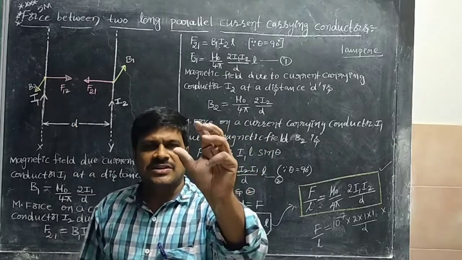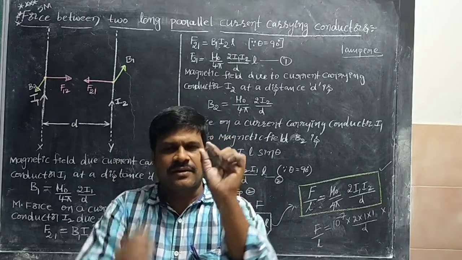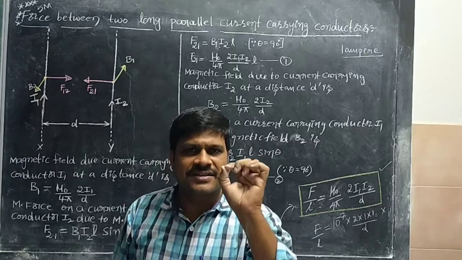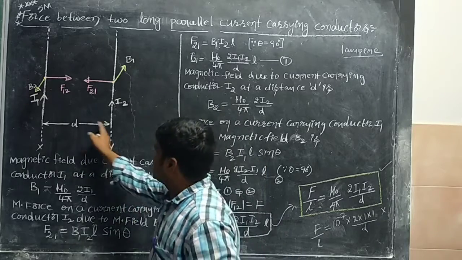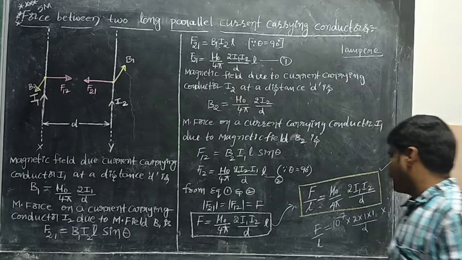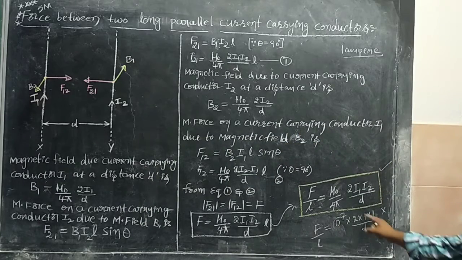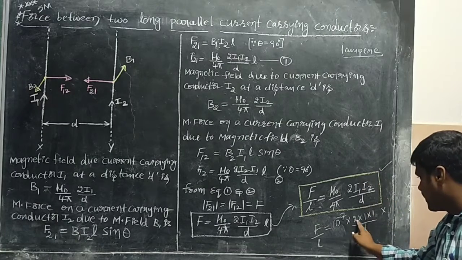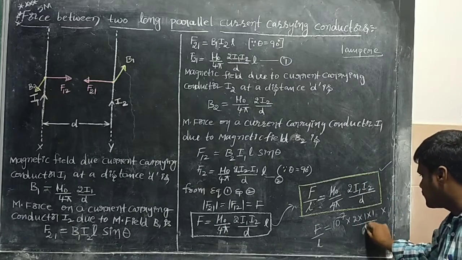That means those conductors are not this thick, very thin, so area of cross section is negligible. They are separated by a distance of 1 meter.